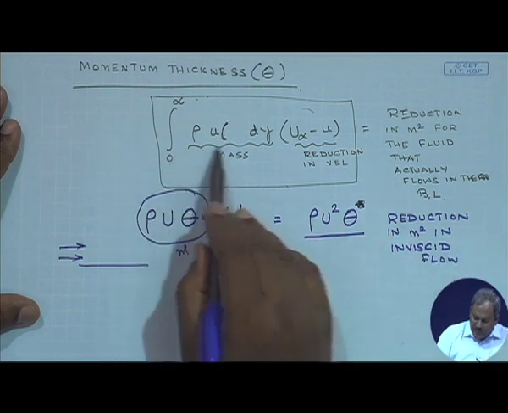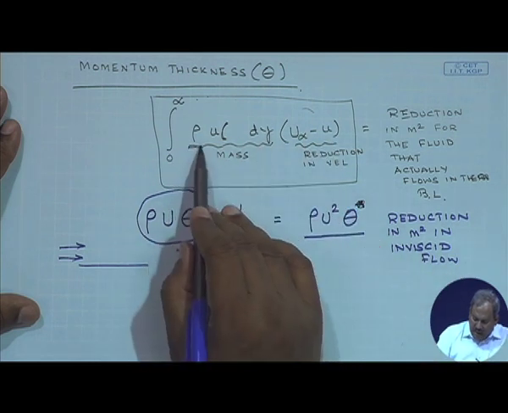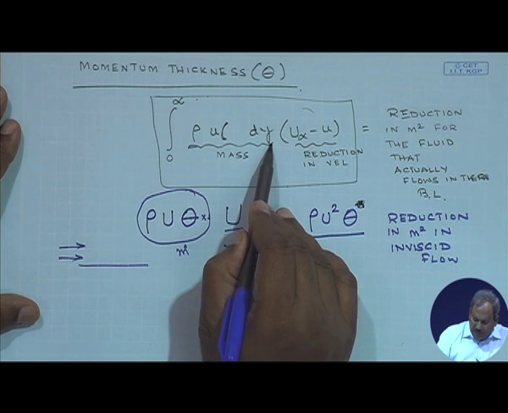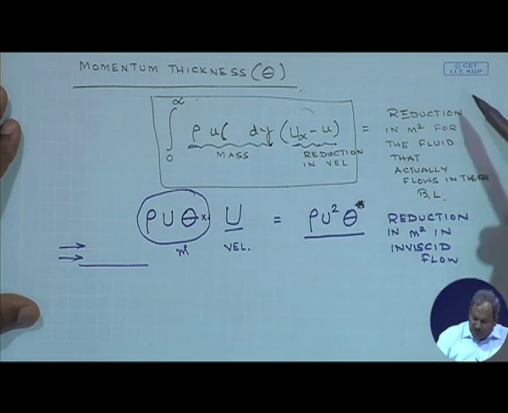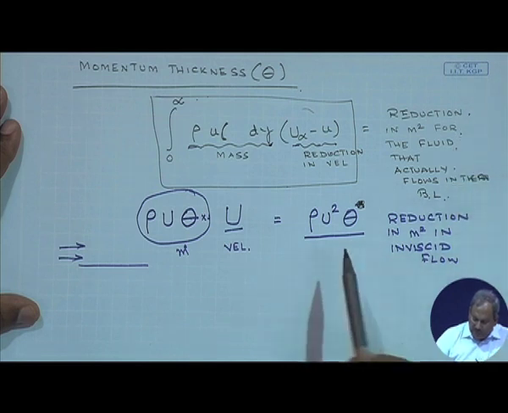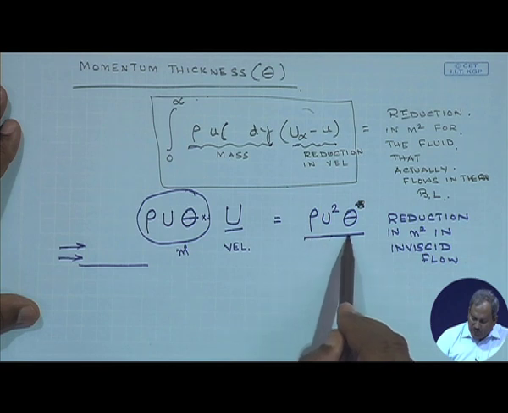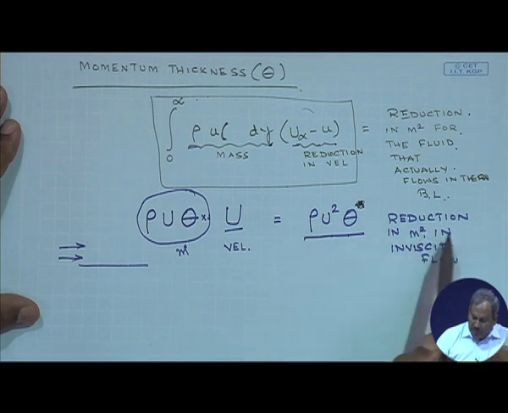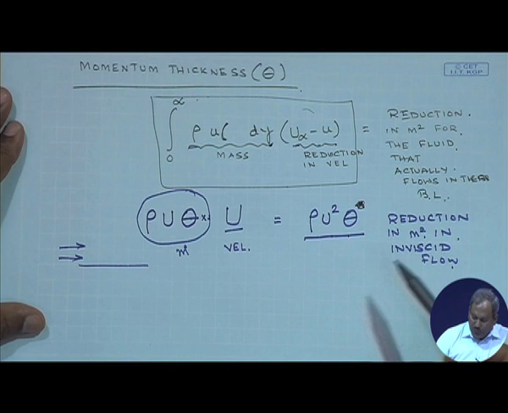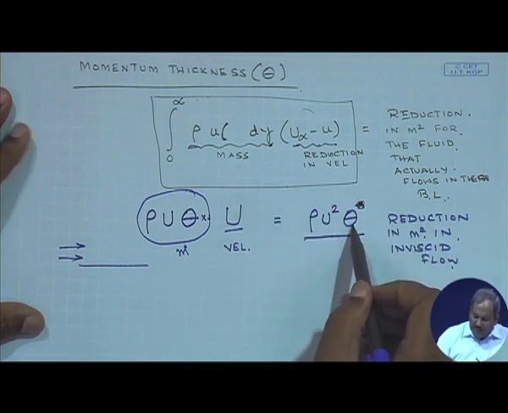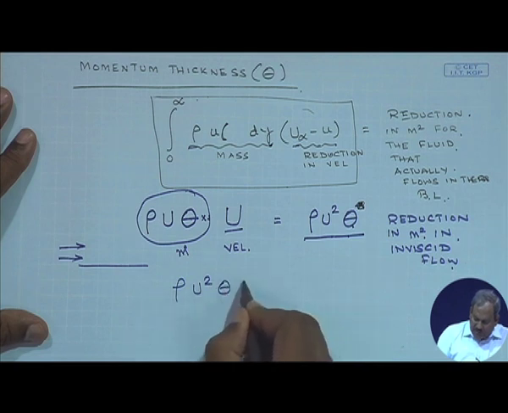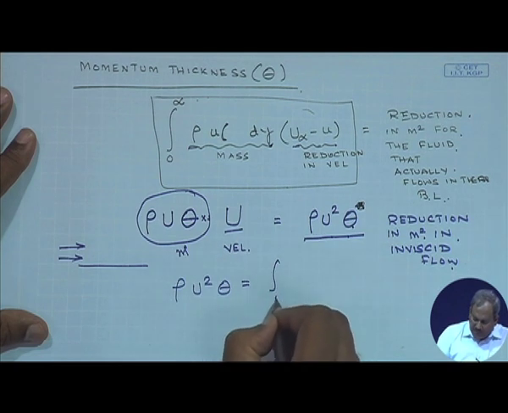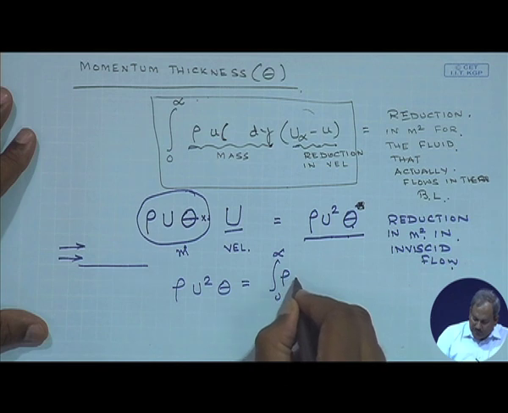So this is the reduction in momentum of the actual mass of fluid that passes through the boundary layer, and this is the reduction in velocity. And what I write as rho u square theta is the reduction in momentum in inviscid flow when you raise the platform by a distance equal to theta. Theta is called the momentum thickness when these two are equal.